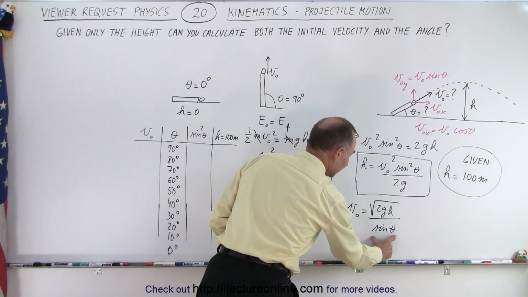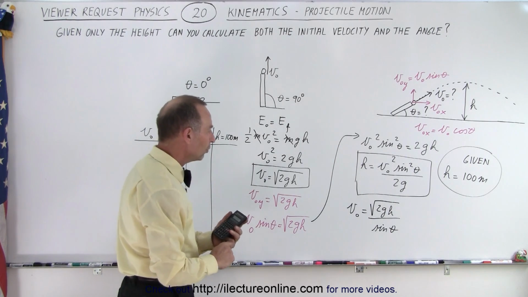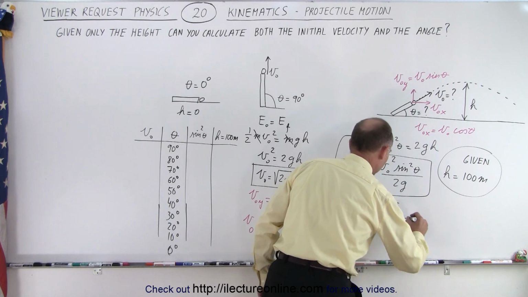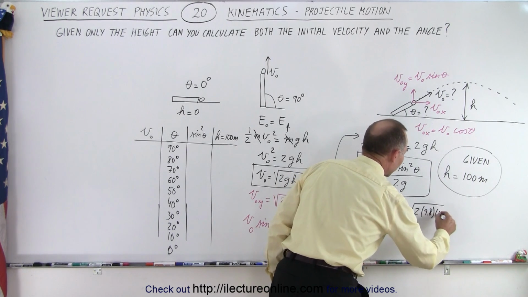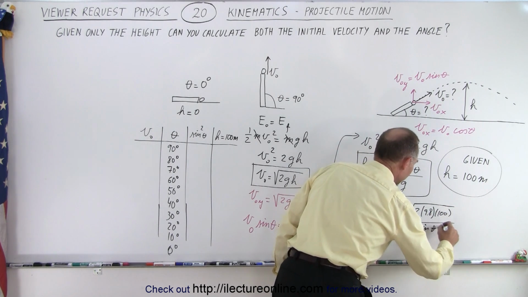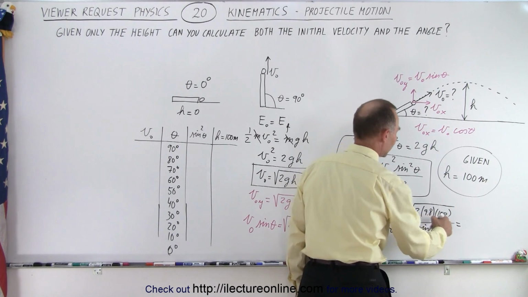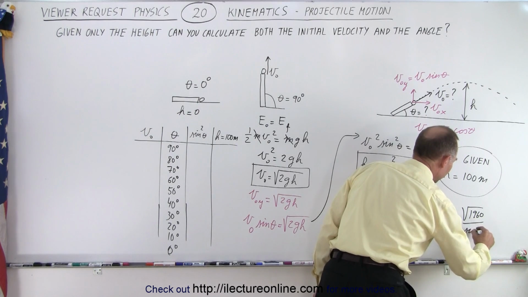So let's plug in the value. When sine of theta is 1, we take 2g times h. This is equal to the square root of 2 times 9.8 times 100 divided by the sine of theta. That's 19.6 times 100, that's 1960 over sine of theta.